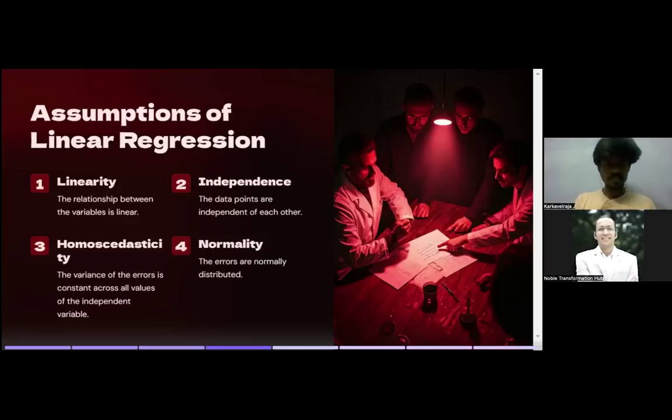These two are more or less the same. There the error is constant, here the error is normally distributed. If you have 100% error and 10 data points, 10% of the error is distributed along all the data points.